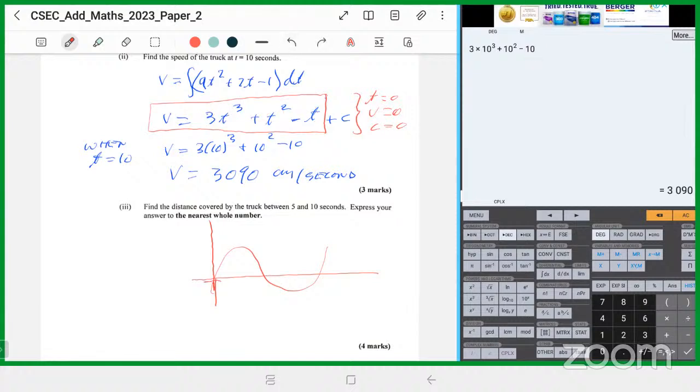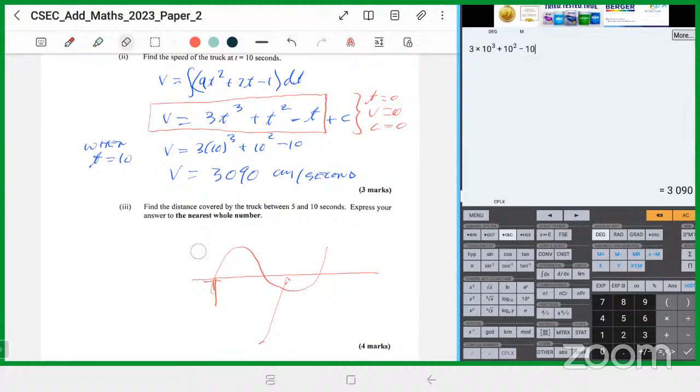So you know what? I want to see how this thing moves. I don't want to be just substituting values. I want to see because if any part is below the x-axis in the region where t equals 5 and 10, it's going to negate, it's going to take away, subtract.